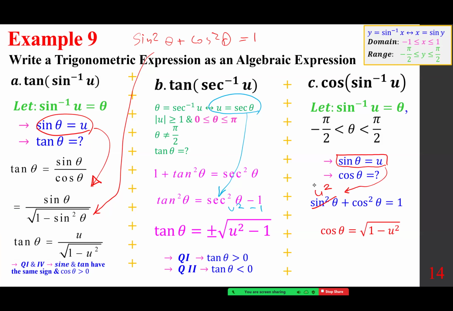So cosine squared is 1 minus u squared. Cosine theta is plus minus that. However, in the first and fourth quadrant, cosine is positive, nothing to worry about.